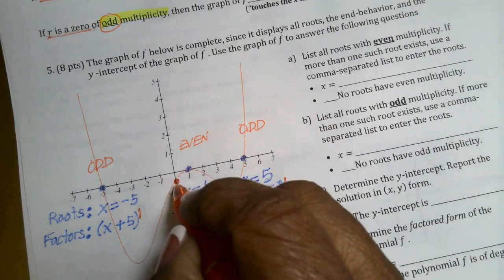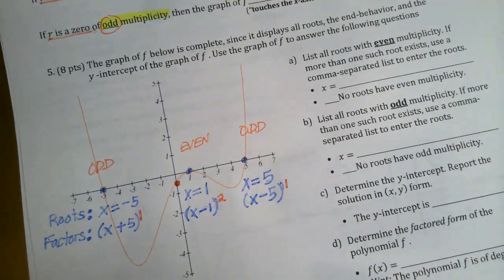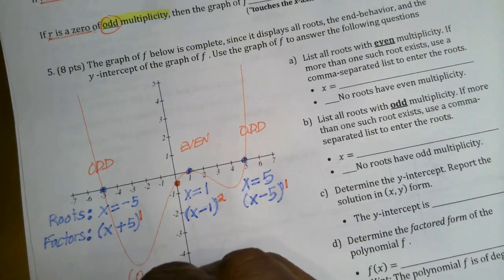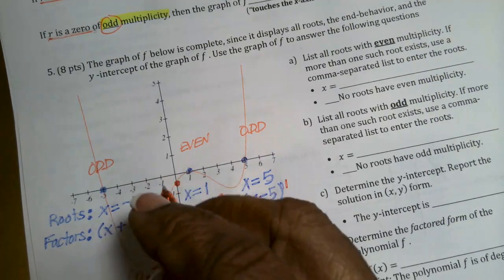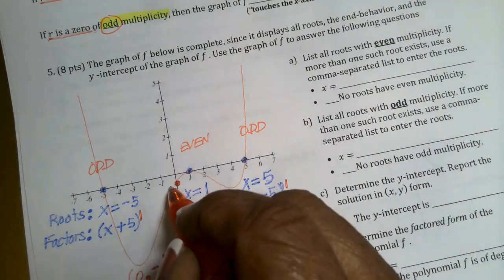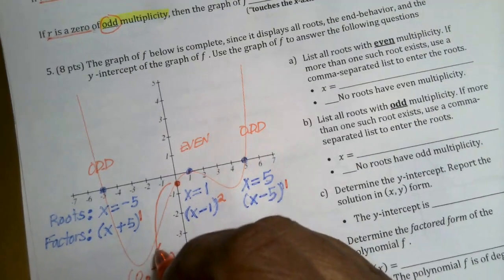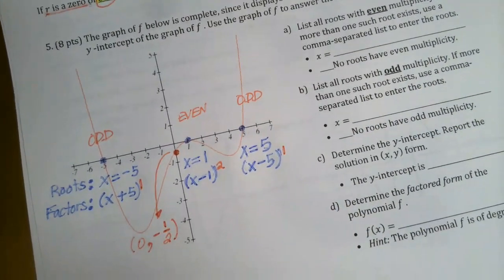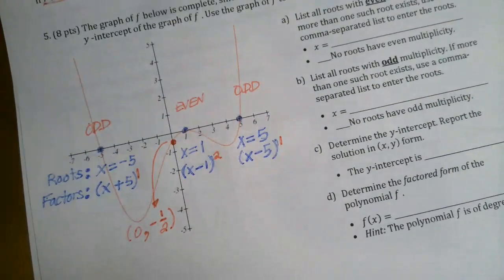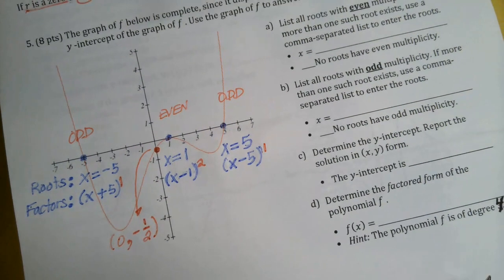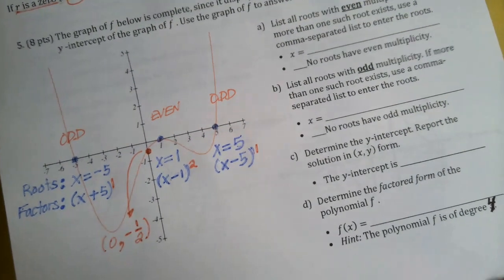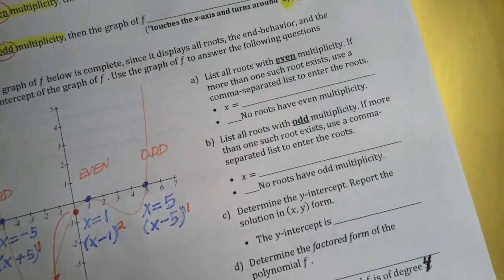Okay, so I am going to label that 0, -1/2 for this intercept. And so now I am going to answer some questions before we get to the final question.